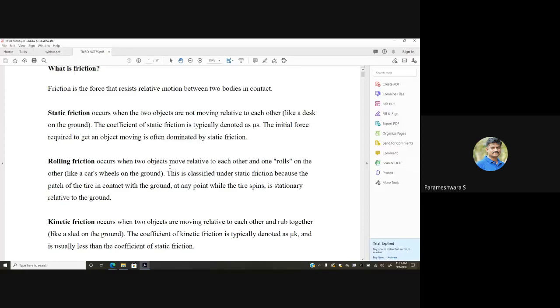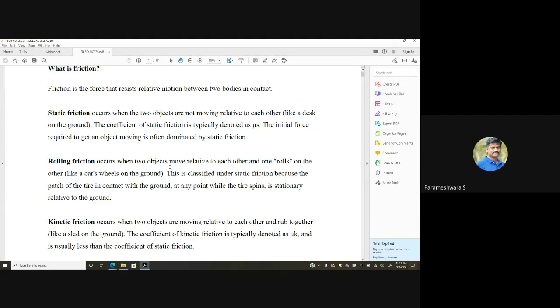So next one is rolling friction. This rolling friction occurs when one object rolls on the other one. The best example is a car's wheels on the ground. The wheel is rolling and the ground is stationary.